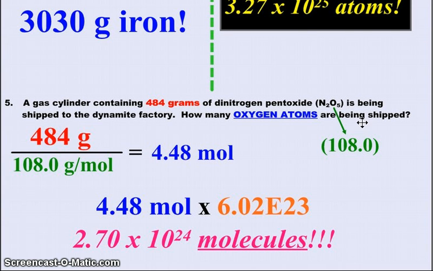That makes 90. Sorry, 16 times 5 is 80. That's how we got the 108. So when I divide, I figure out there's 4.48 moles of the dinitrogen pentoxide being shipped. I multiply that by Avogadro's number, I get 2.70 times 10 to the 24th molecules.